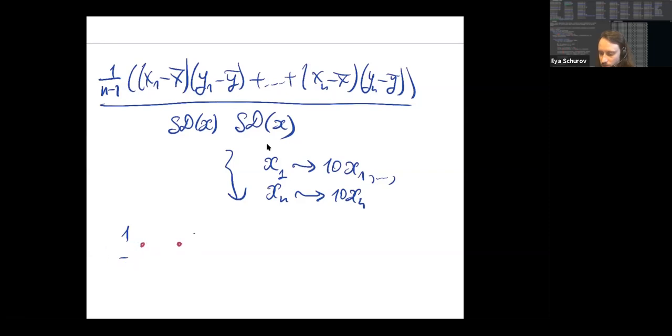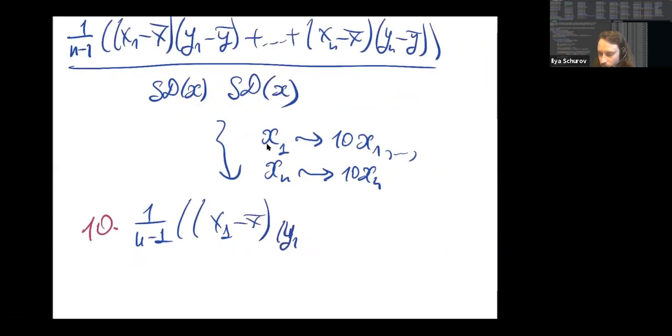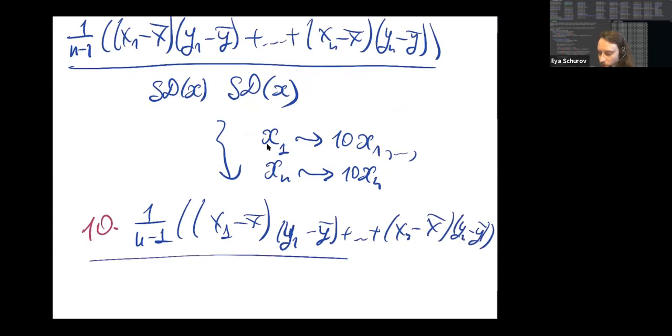Okay, let me write it down like this. And in the denominator, again, we have 10 times standard deviation of x.